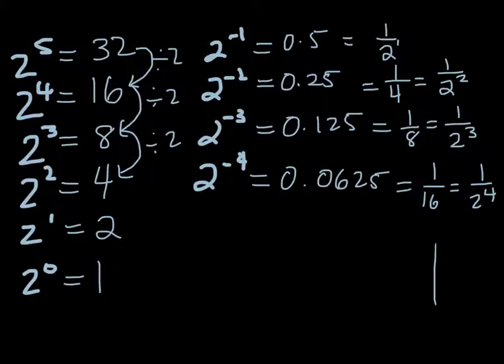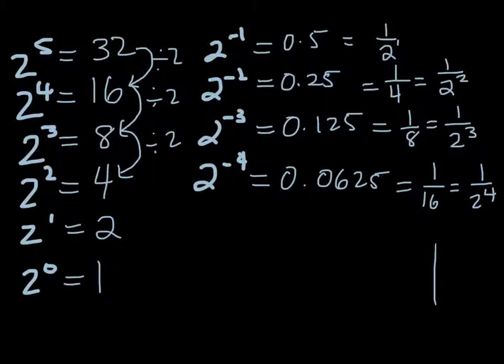So you can now see the pattern, and we can come up with a general form. You can check this out with any other numbers: base 3, base 4, base 5, whatever you want.